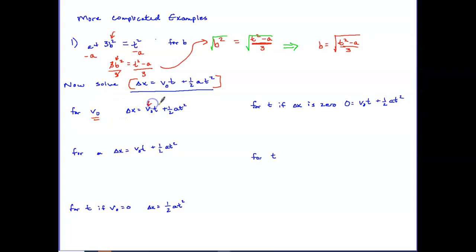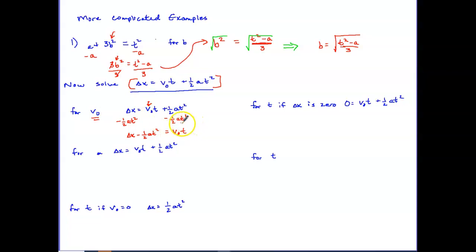Okay, so there's what we need, and it's connected to the t, but we can't undo that yet. We've got to get rid of this 1/2 at squared term. So I'm going to subtract 1/2 at squared from both sides, and that's going to give me delta x minus 1/2 at squared equals v0 t on the right-hand side.